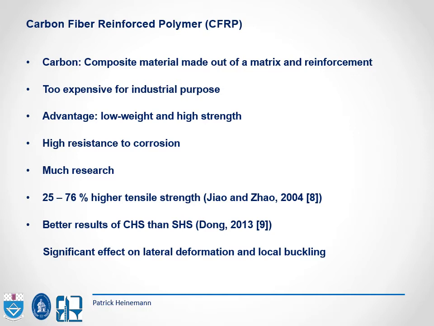It is a composite material made out of a matrix and a reinforcement, so it's made out of many very small carbon fibers. For industrial purposes it's too expensive, but the advantages are the low weight and the high strength.